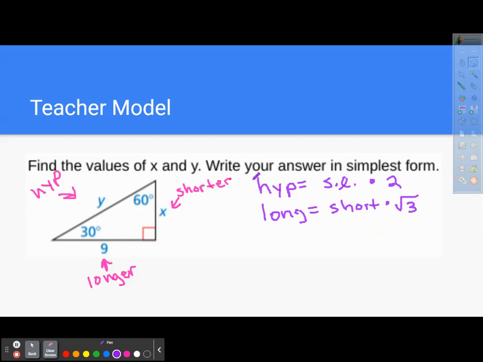I would do this one first because it's easier. However, they're both variables, so I can't really do that one first. So let's use the longer leg. The longer leg's 9, so we're going to use this formula here first. So for the longer leg, I do 9 equals, my shorter leg is x times the square root of 3.